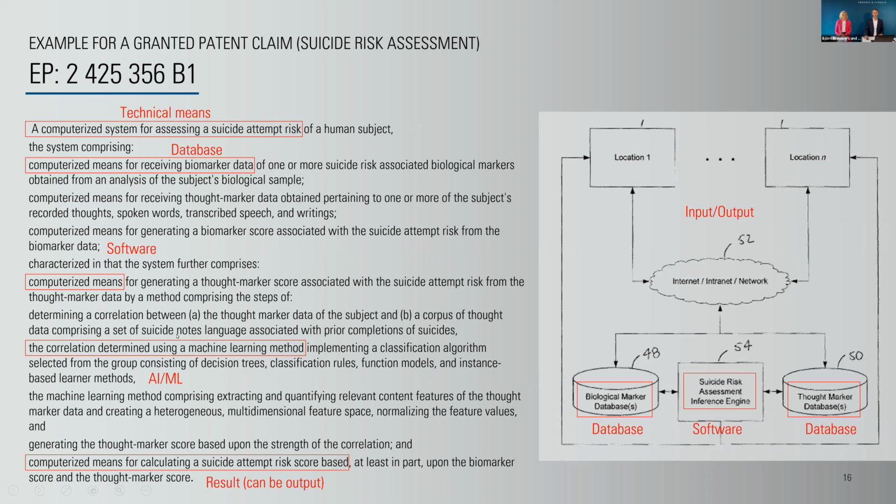And then there is computed or calculated a sort of value which is compared to another value to be able to indicate how high a suicide attempt risk can be.